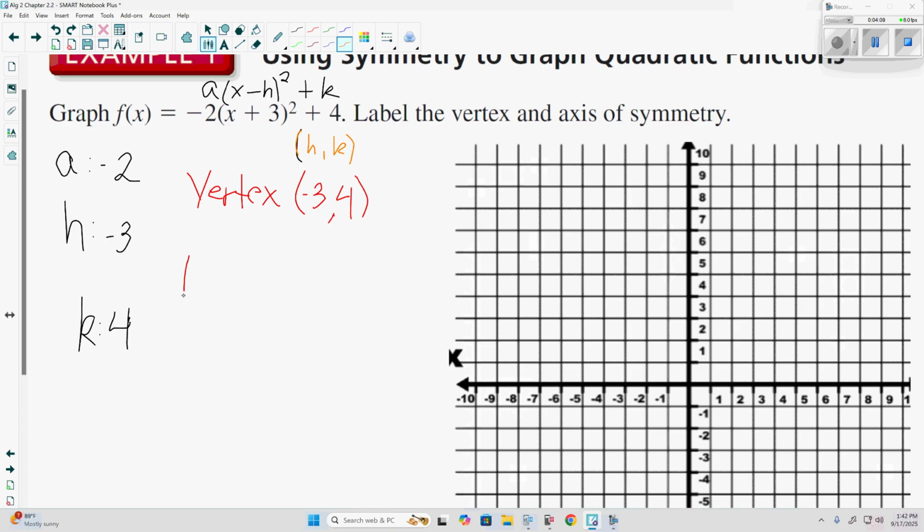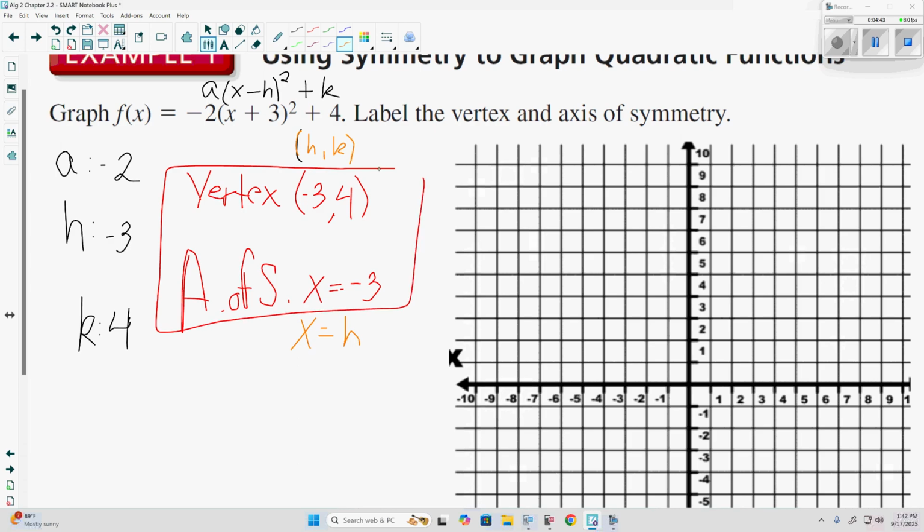Now the axis of symmetry, we can shorten axis of symmetry to a of s, but we will need to write out the x equals. Now in the general form, x equals h. And our h value in this case is still, let me see. So we have found the vertex and the axis of symmetry. Those are the two main pieces we needed to find.